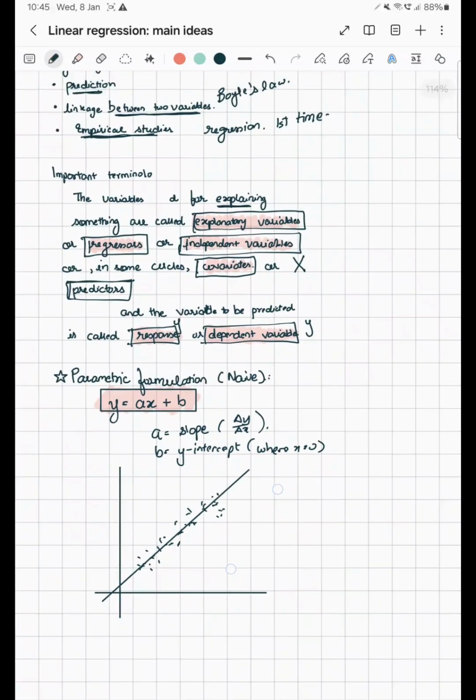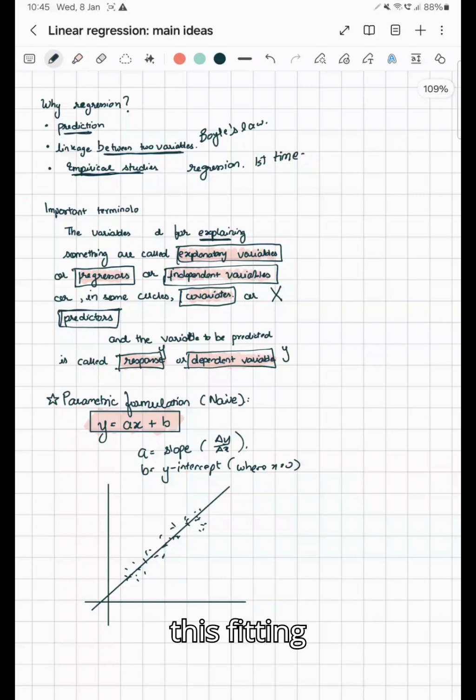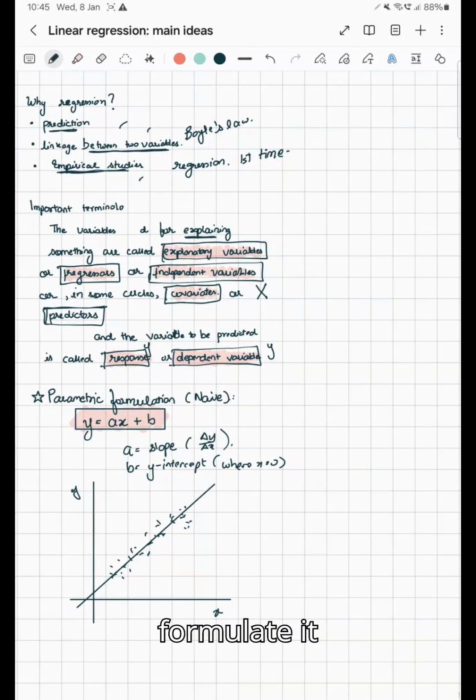And this fitting of a line as a premise came to be because we also wanted to predict all these things. So prediction, linkage, and empirical studies are all rooted in some sort of finding out about what happens when this is this. Yes, this is the very naive approach, and let's formulate it even further.